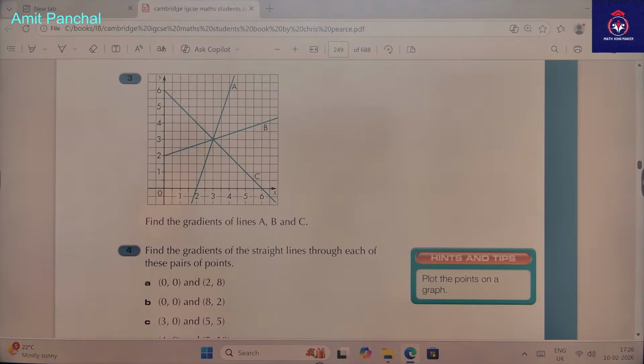It's not there in this book, sir. It is 15D, question number 3, but it's not there in this book. But what are they asking you? It says use the graph to solve these equations. They give a graph of a certain equation, right? Then they ask you to use the graph to solve another equation. I don't know how to do that.